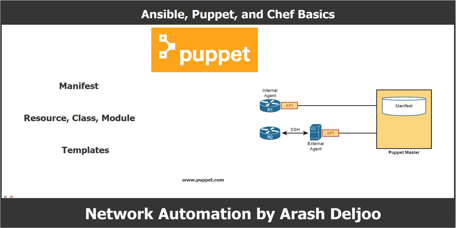Puppet manifests instead declare the end state that a device should have: this branch router should have the configuration in this file by the end of the process. The manifest built by the engineer defines the end state, and Puppet has the job to cause the device to have that configuration without being told the specific set of steps to take. Puppet typically uses an agent-based architecture for network device support.